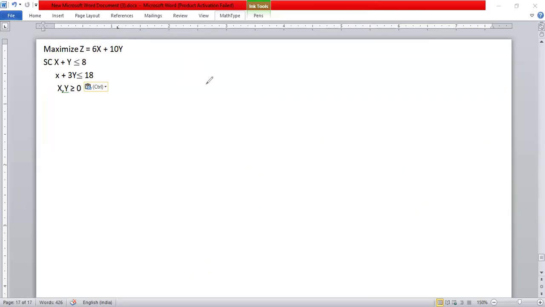Okay. The second one. Solve LPP graphically. Write the equation.